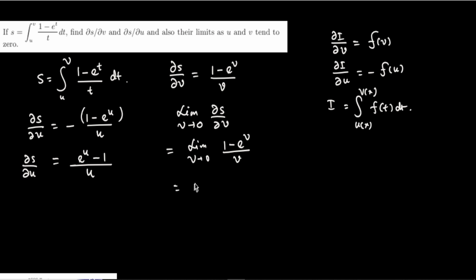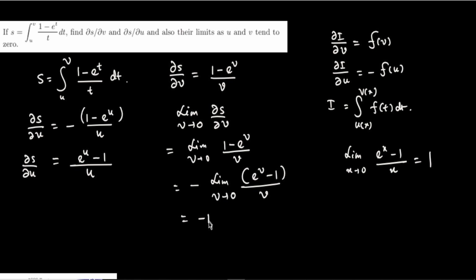If we take the minus as common, it will be minus 1 by v. It is the formula of limit: limit x tends to 0 of (e to the power x minus 1) by x is 1, so it will be minus 1.